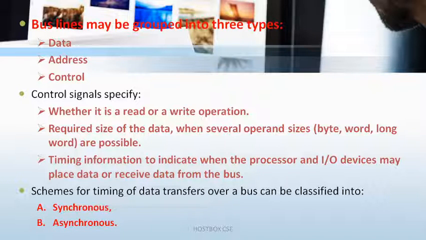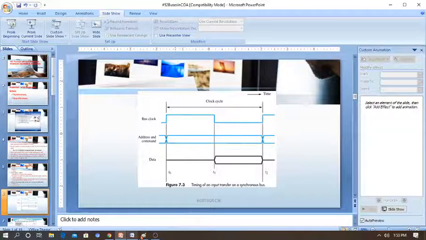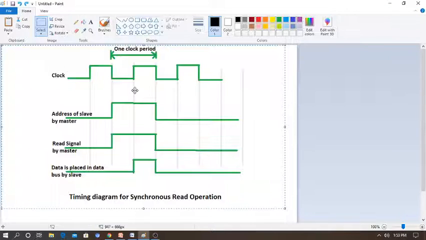So let's study this synchronous bus. Let's go to Paint, where a small diagram is there. For understanding purposes, please see only the starting of it. This is the synchronous bus. In the synchronous bus concept we have a clock signal that goes 0, 1, 0, 1, which you must have studied in digital electronics also.